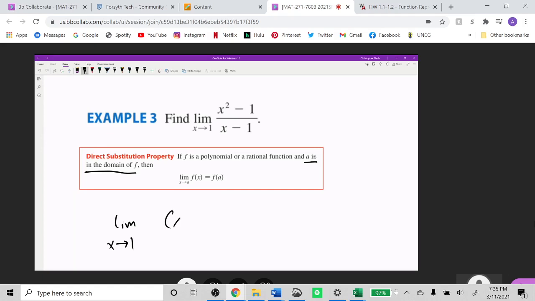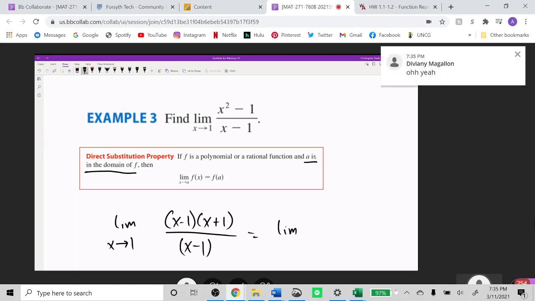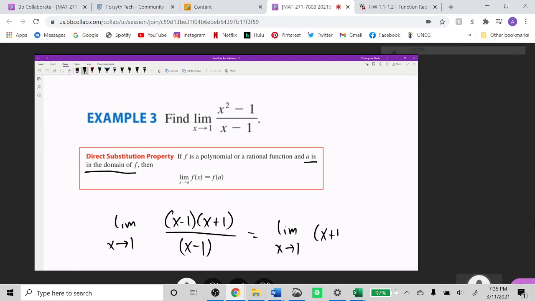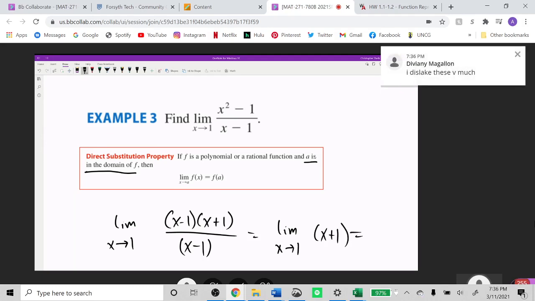The numerator is a difference of squares, right? It factors x minus 1 times x plus 1. Notice how these x minus 1s cancel. At this step, I can apply direct substitution.